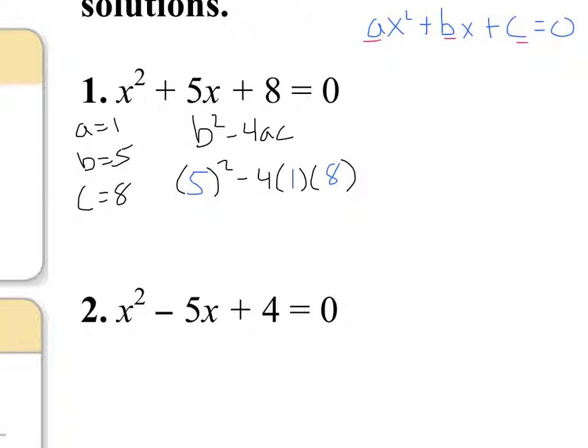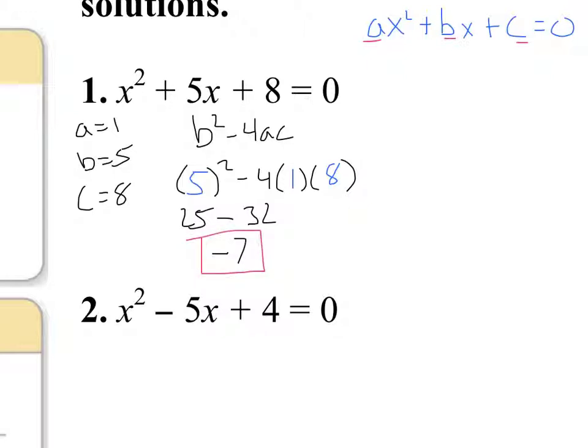So now it's a matter of order of operations. The order of operations says we need to do our exponents first. So we're going to take 5 squared, which is 25. And then we have to do our multiplication before we do any addition or subtraction. So 4 times 1 times 8 is 32. And then we end up getting negative 7.